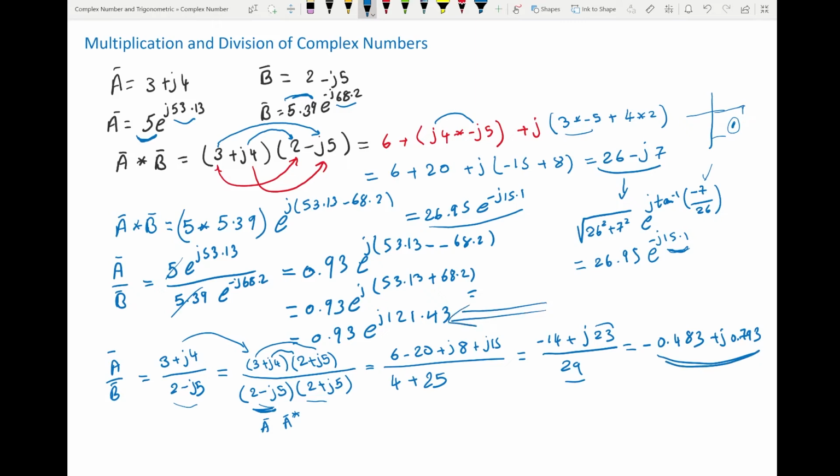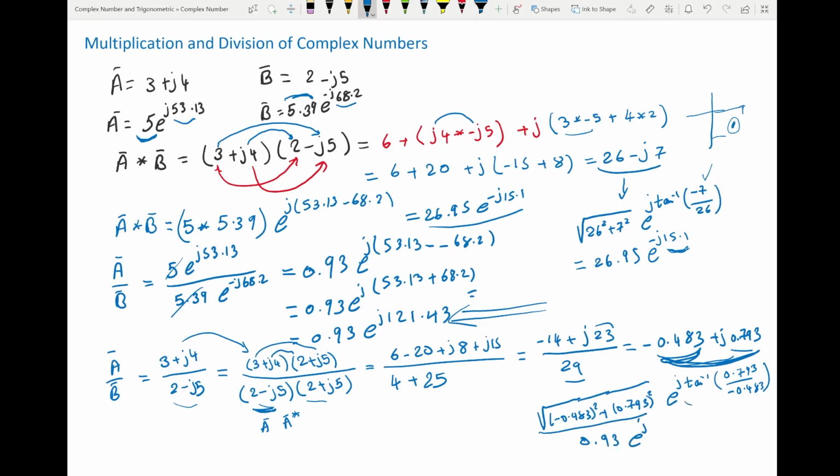The only thing you have to be very careful about is finding the angle of these. The magnitude is simple. The magnitude will be the square root of this squared plus this squared. And the phase will be e^(j tan inverse) of the imaginary divided by the real. If you carry out this operation, this quantity will give you 0.93 e^(j).